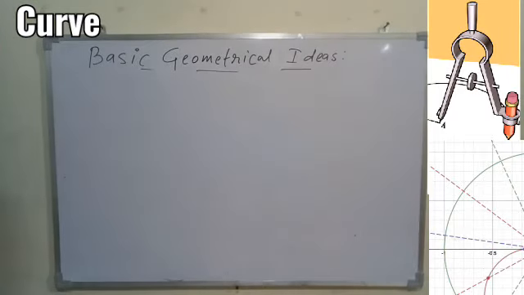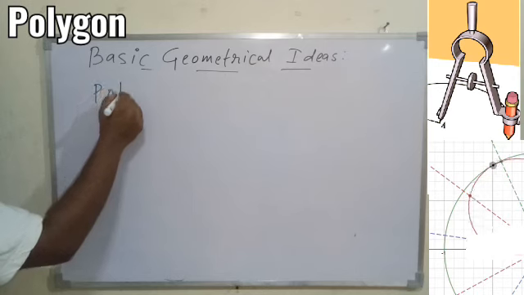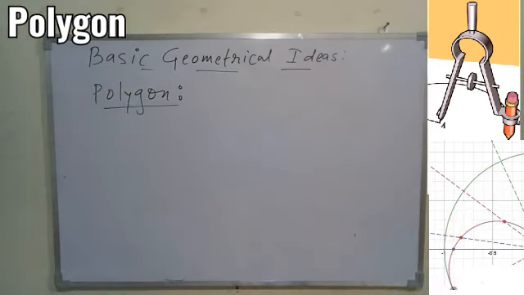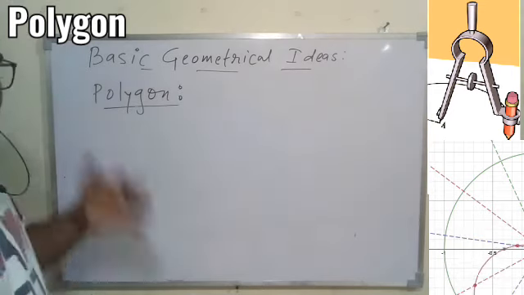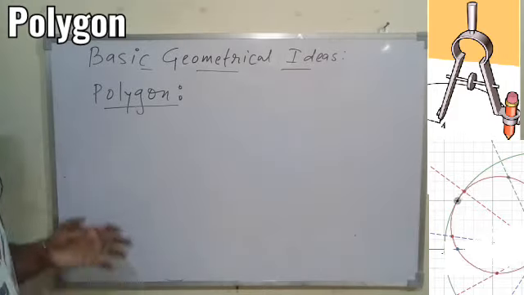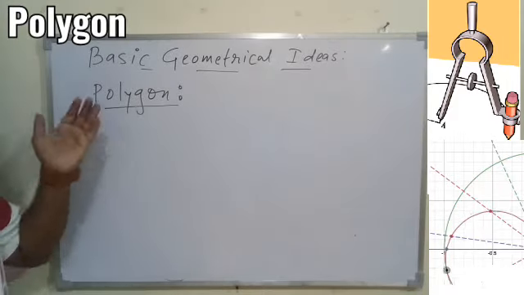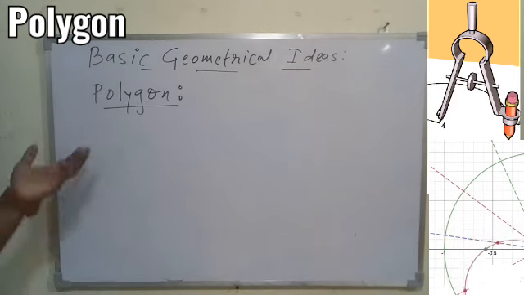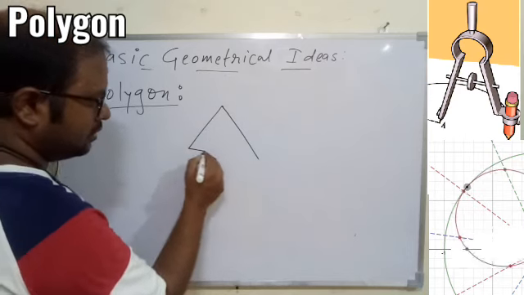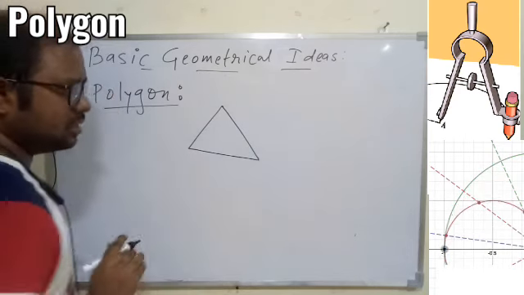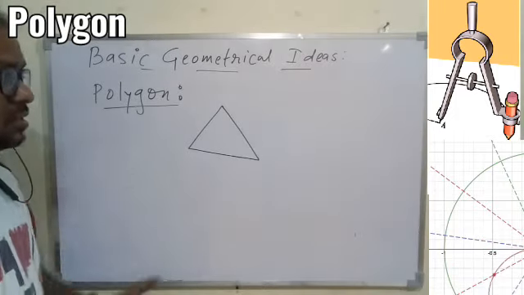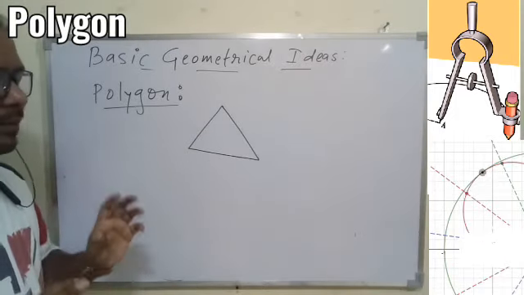Now we are moving to the next thing, that is called polygon. Since now we understood the meaning of closed curve, and the closed curve has lots of importance in mathematics, we are moving to the next part of the closed curve, that is called polygon. Just remember, polygon is nothing but a closed curve which is made up of straight line segments only.